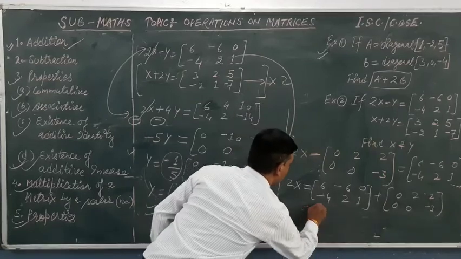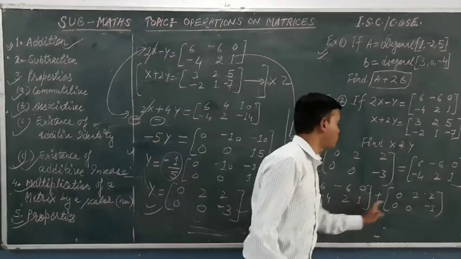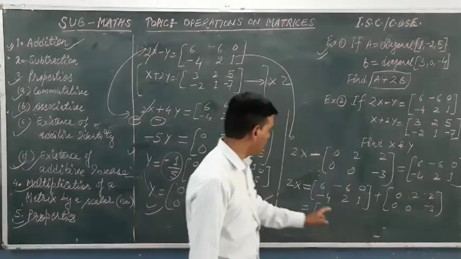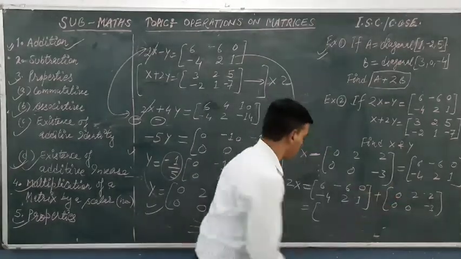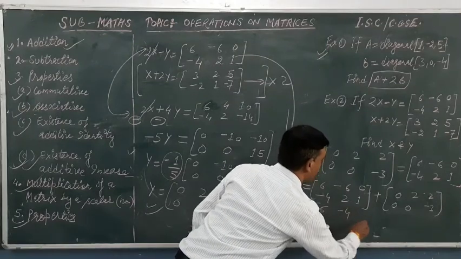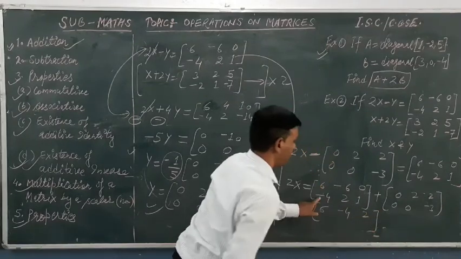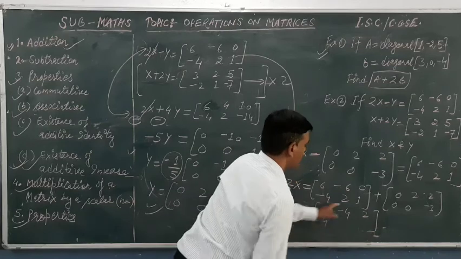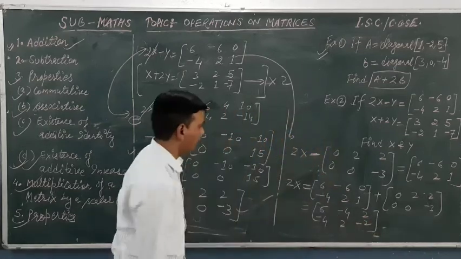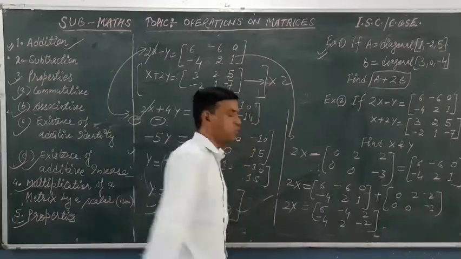Adding these, because these matrices are of the same order 3 by 3, the corresponding elements will be added. So 6 plus 0, minus 6 plus 2, I will get 4, 0 plus 2, 2, then minus 4, 2 plus 0, 2, 1 minus 3, minus 2, and this is nothing but 2x.